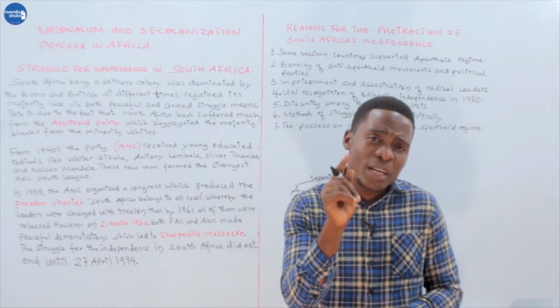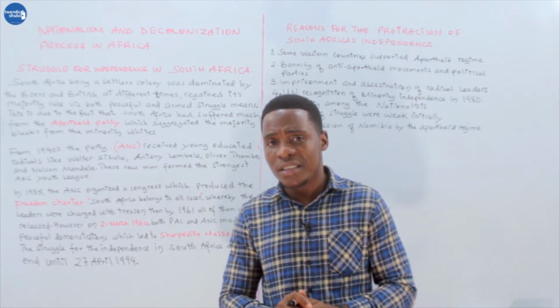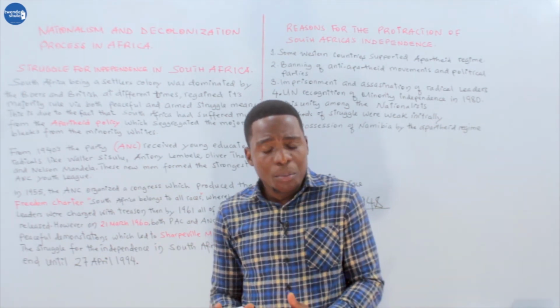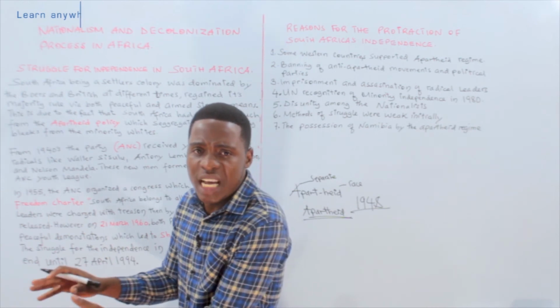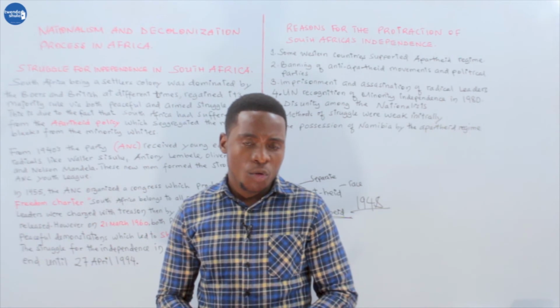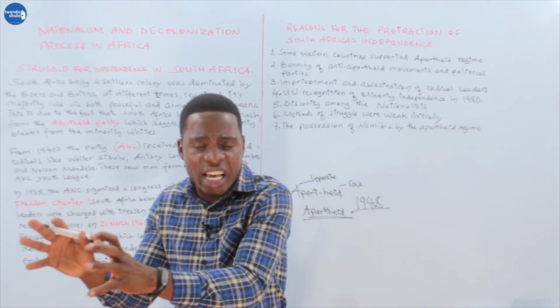Almost 75% of South African land was owned by the whites, while the majority blacks were settled together in Bantustans, like in Soweto, where those poor Africans were concentrated.